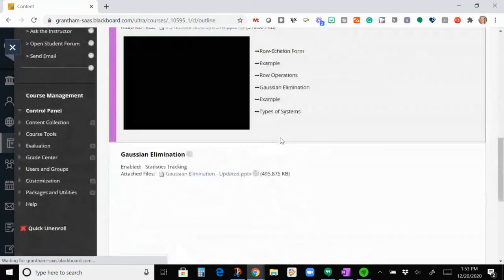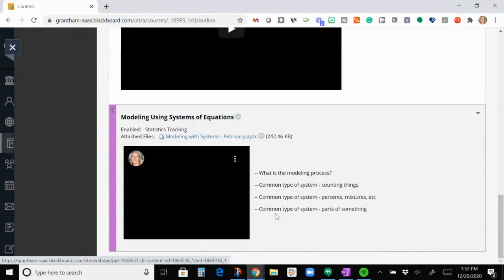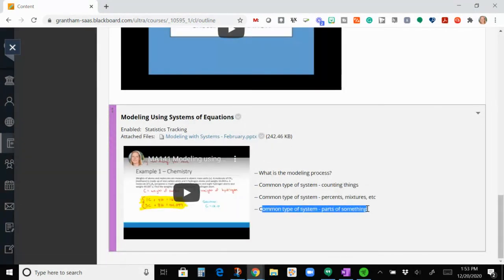It's this modeling using systems of equations. The very last example here, when you have different parts of something, I go through an example that's similar to the fertilizer. It's not going to be exactly the same, but it's set up the same way.